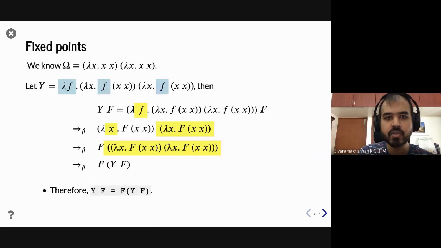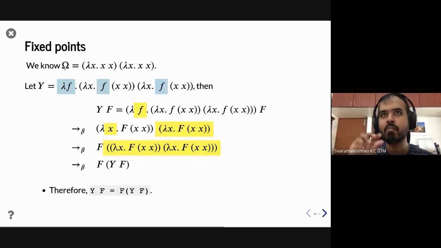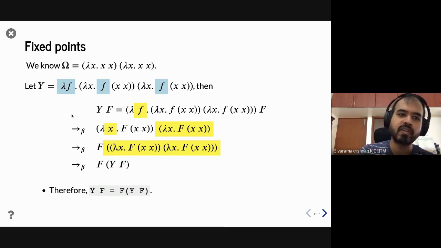So we can use this omega operator, modify it a little bit to come up with this new operator called the Y Combinator. So omega is lambda x. x applied to x, applied to lambda x. x applied to x. Y Combinator adds a little bit of additional terms on top of omega. So we have an outer f.